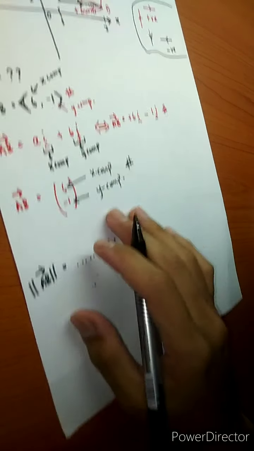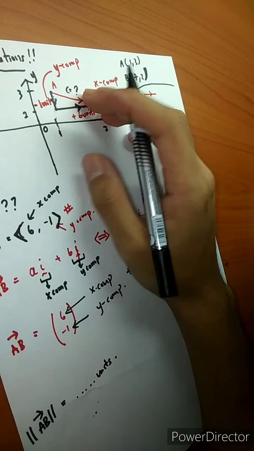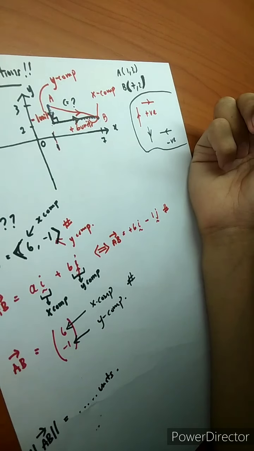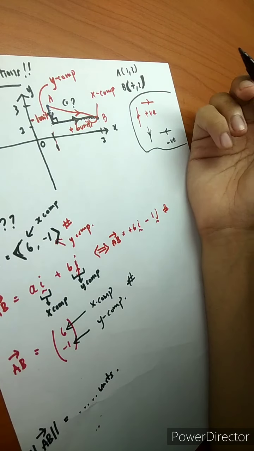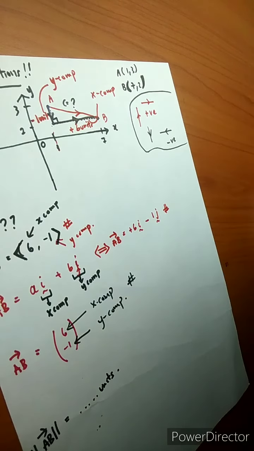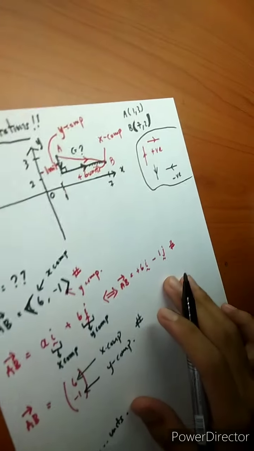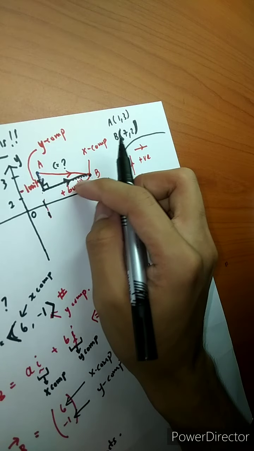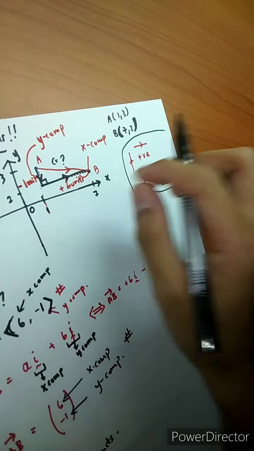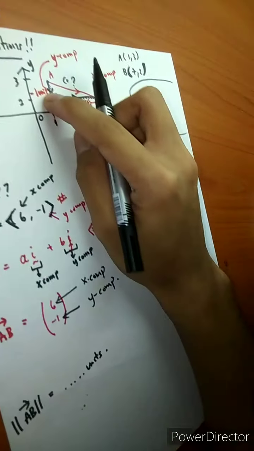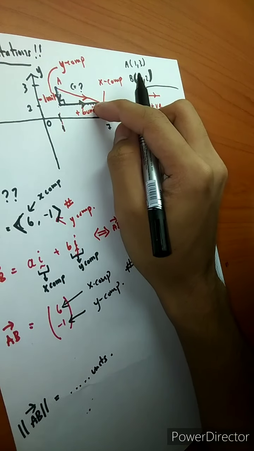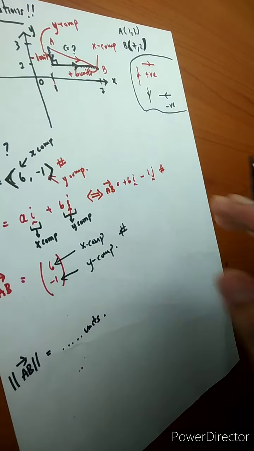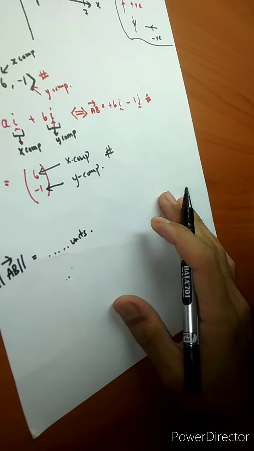What is the method to find the magnitude, or to find the c over here? If you look carefully, this is a right triangle. So we can use what? The Pythagorean theorem, of course. We assume this length is all positive because we are dealing with magnitude. So this is 1 unit in magnitude and this is 6 units in magnitude. We are not concerned about the positive or negative sign, because it is about magnitude.